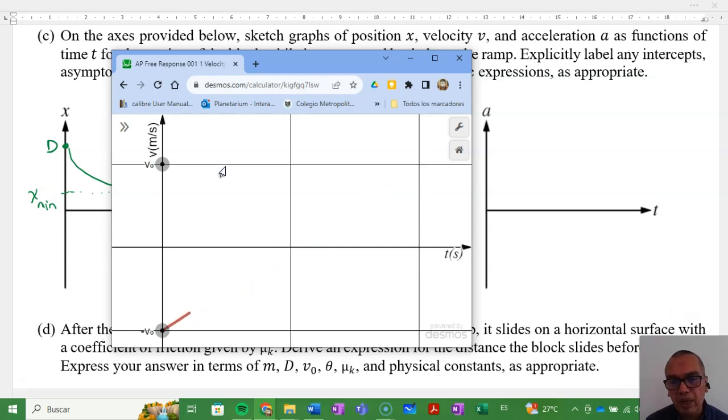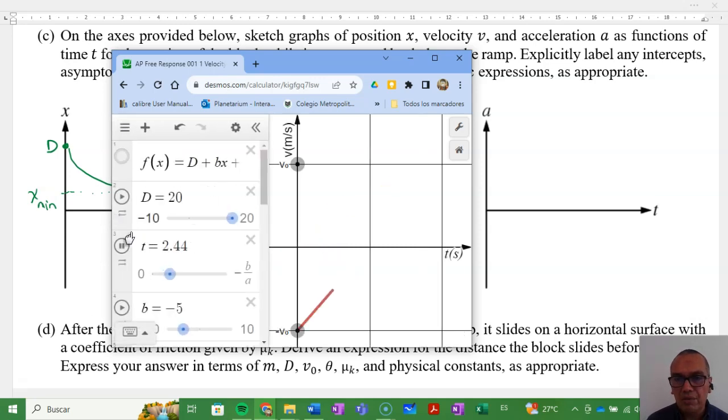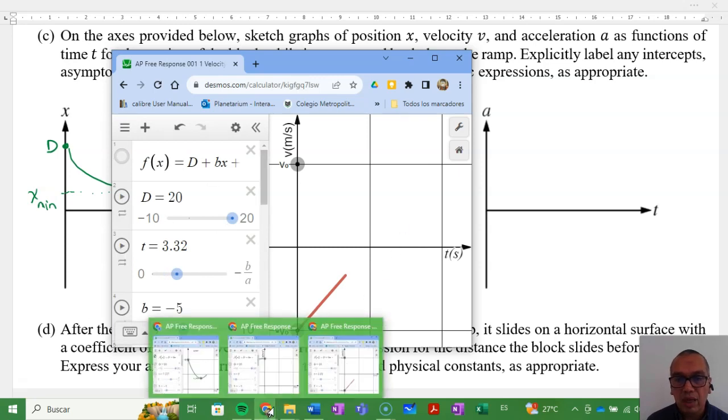So in the first part of this, the object is moving up the ramp, decreasing the speed to 0, and then it's moving down the ramp, increasing the speed to the same speed that it started with. So that is your graph for changes in velocity.